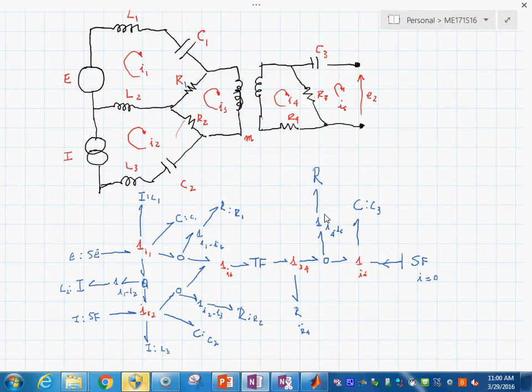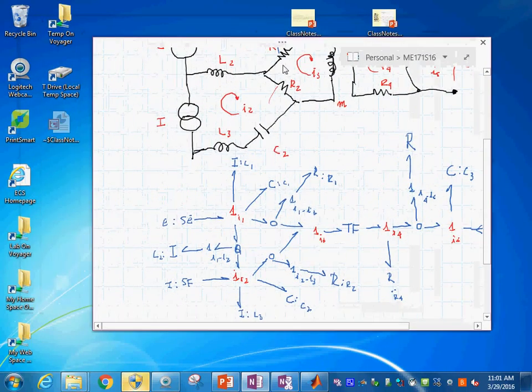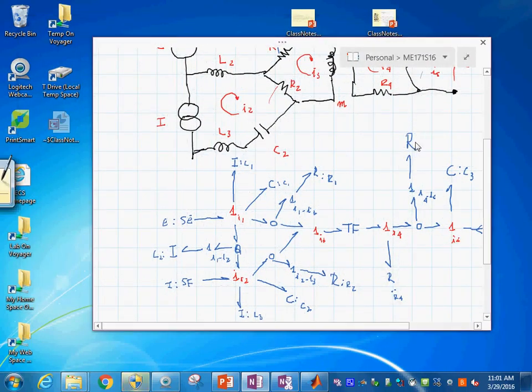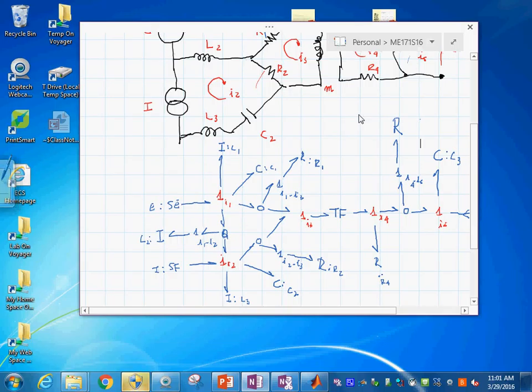Okay, so I need to have a pen that we can actually see, and I'm going to choose the red one.